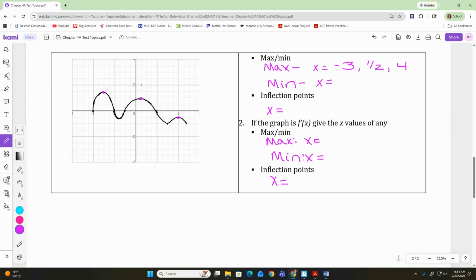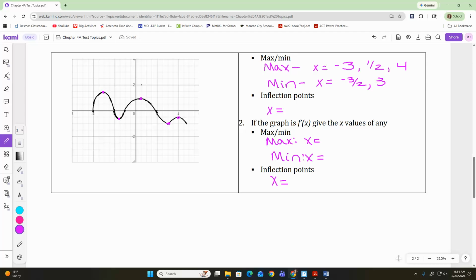My mins, my low points, can't include endpoints. So negative 3/2 or negative 1.5. And positive 3. Did you get those?